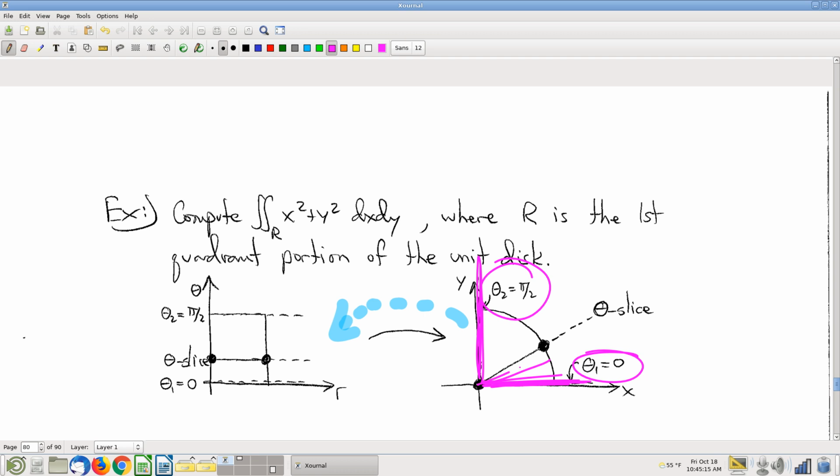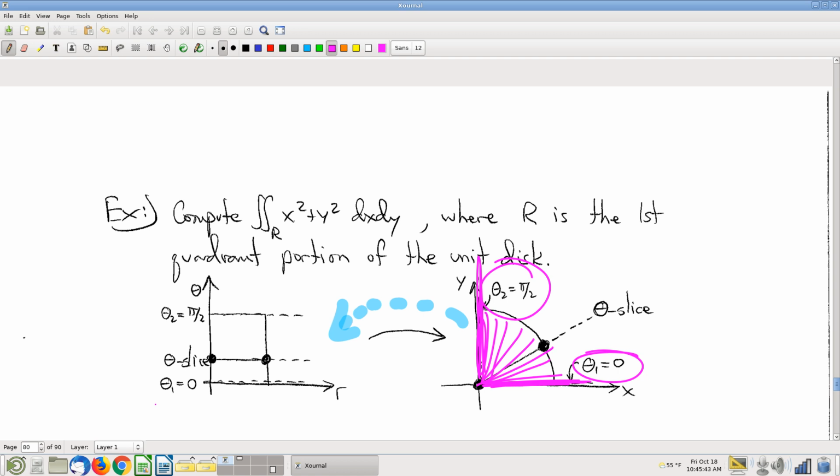Here's my theta slices. You can see right there in that picture, theta goes from 0 to pi over 2, and a good old, plain old slicing up of that pullback domain in the r theta plane. But again, why would you want to make your life harder by actually drawing something you don't need to draw? Everything you need to know is right here looking at you.